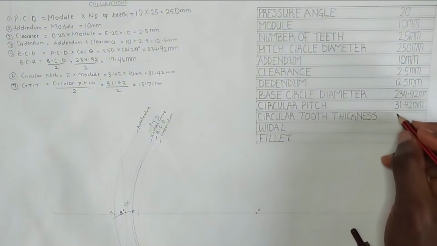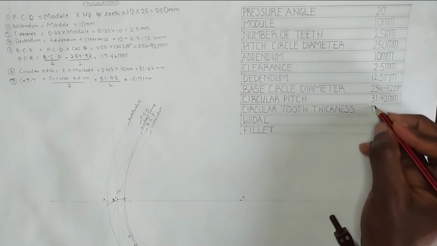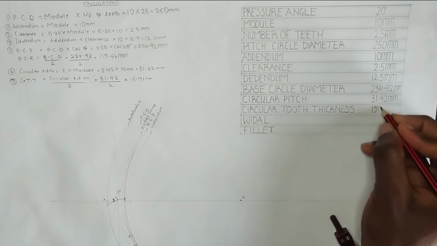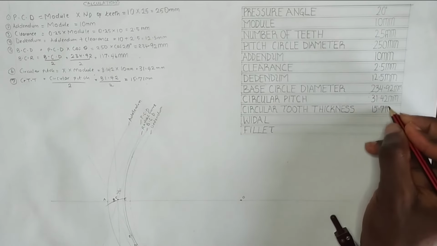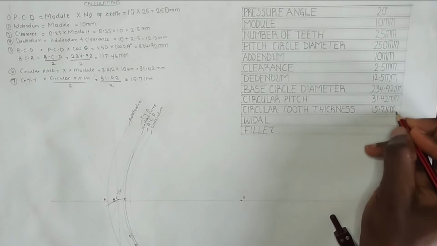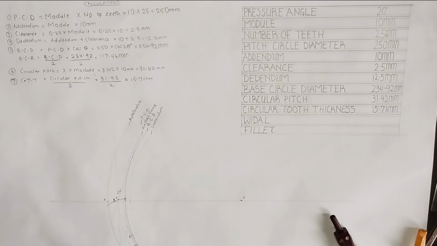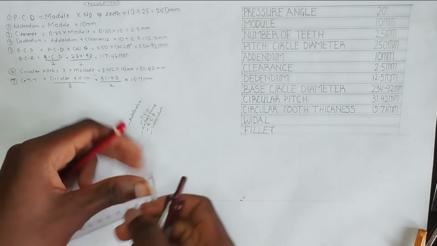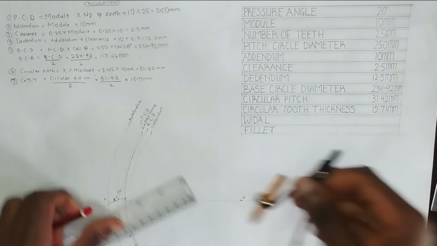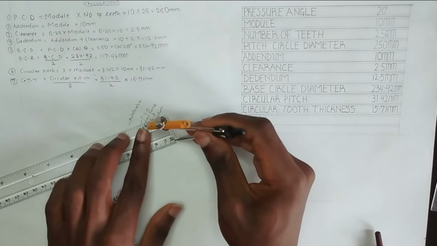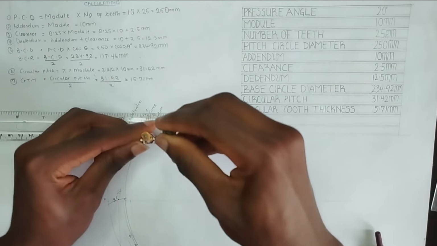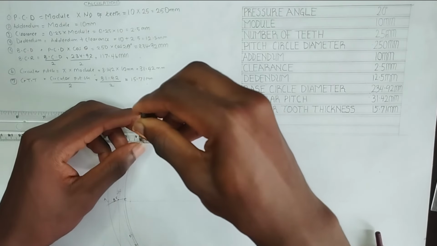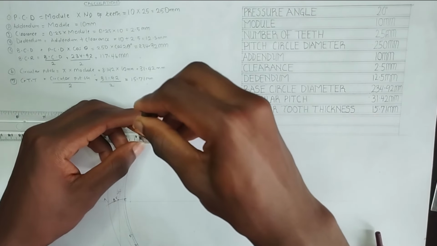So let's write it here. 15.71 millimeter. Okay, so we are going to measure that 15.71 millimeter with our compass, right here. 15.71 will be close to 16, not up to 16.